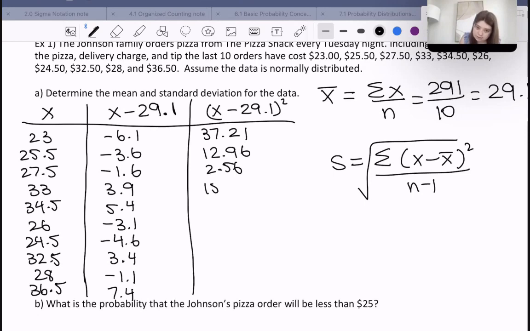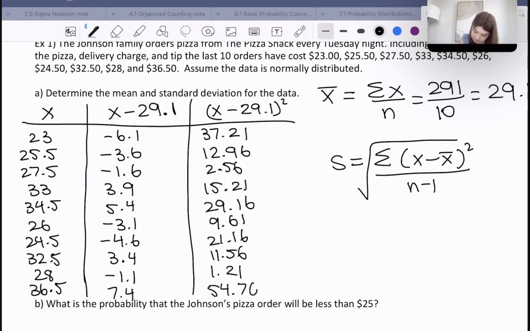Let's see, 15.21, 29.16, 9.61, 21.16, 11.56, 1.21, 54.76. There we go. Awesome.